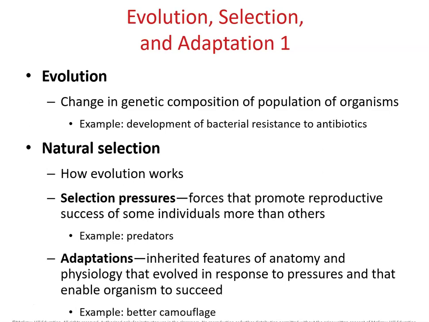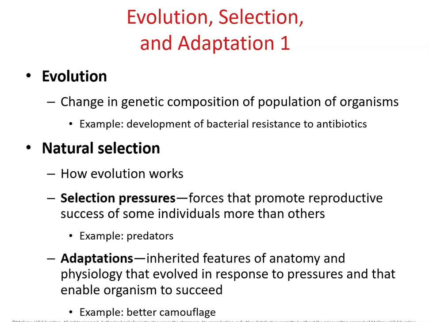Natural selection is how evolution works. It's the engine that makes evolution go. So a population is met with selection pressures, things that make some individuals better able to survive and reproduce than others, and some individuals not reproduce at all, most likely because they died before they reached reproductive age.